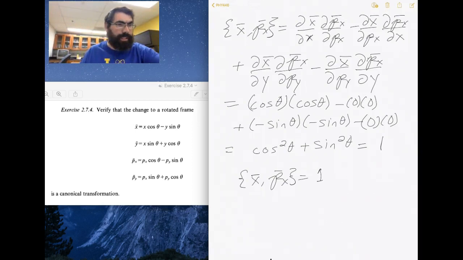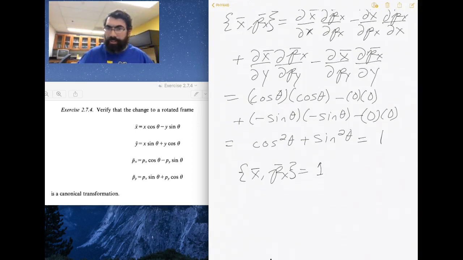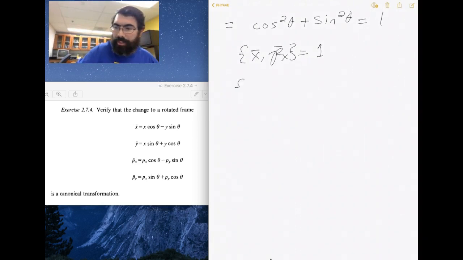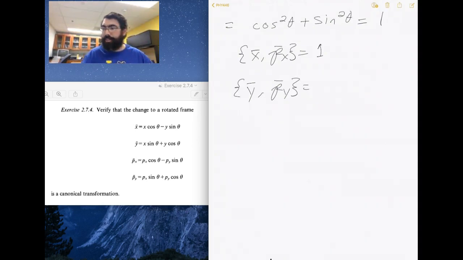Okay. So I could also now work out the Poisson bracket for y bar and py bar. We could work that one out, and if we did, what we would end up finding is 1.